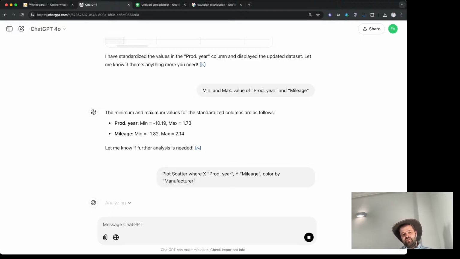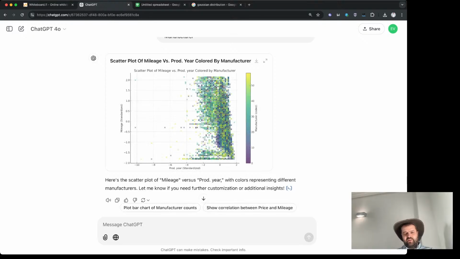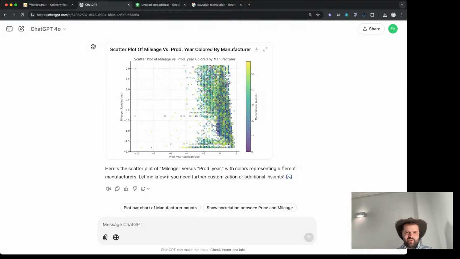If I would try to do this without it, especially if I start adding more and more features, it will be very difficult to track. Except the manufacturer is not colored really nicely. Yeah, this is something that is not always controllable.